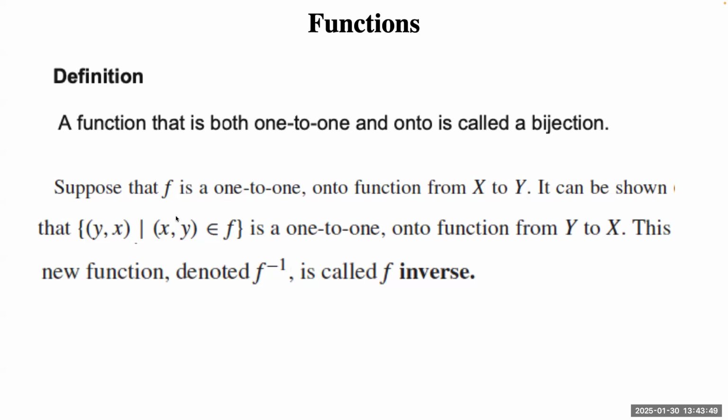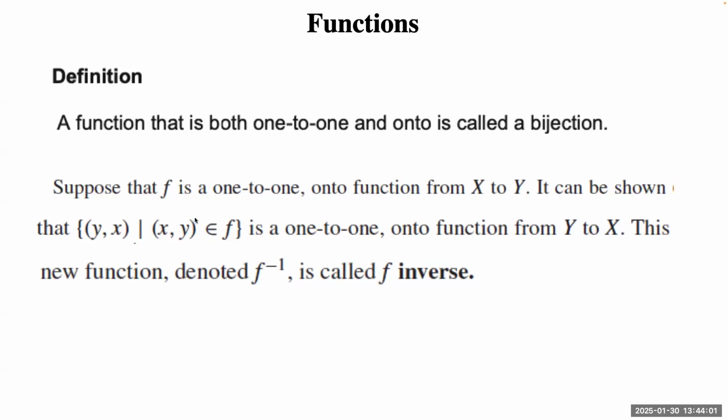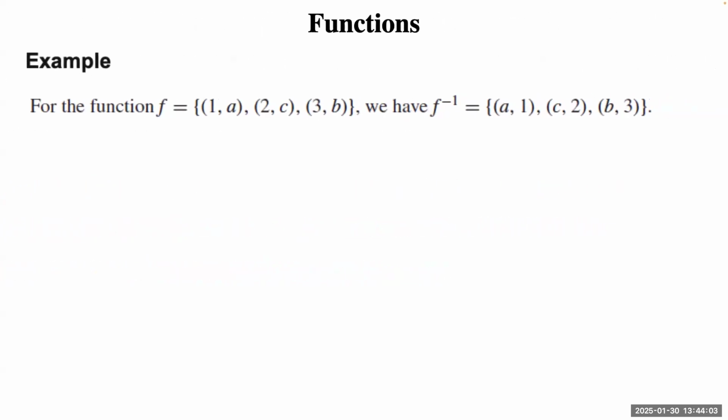Notice the inverse function is just the set of all ordered pairs where the original ordered pairs came from your function and you just reverse the order. That's what an inverse function is. So for example, for the function (1, a), (2, c), (3, b), its inverse would be to take these ordered pairs and reverse them. It becomes (a, 1), (c, 2), (b, 3).